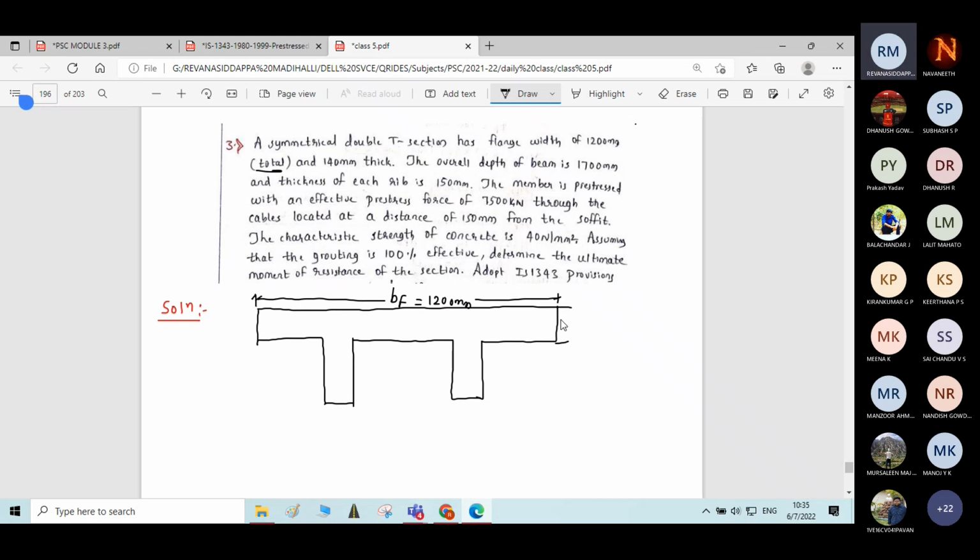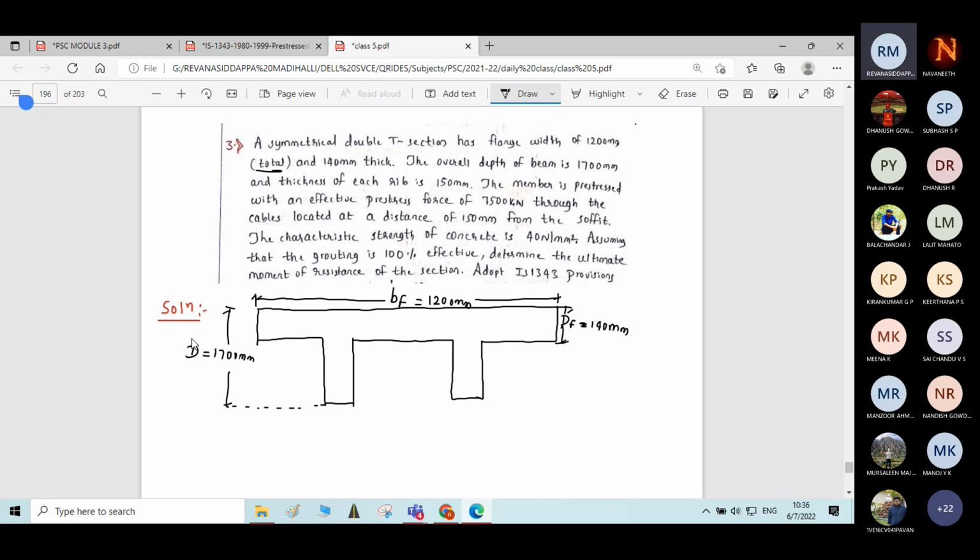Depth of flange is 140 mm. Overall depth of the beam is 1700 mm. Overall depth of the beam is given as capital D, 1700 mm.